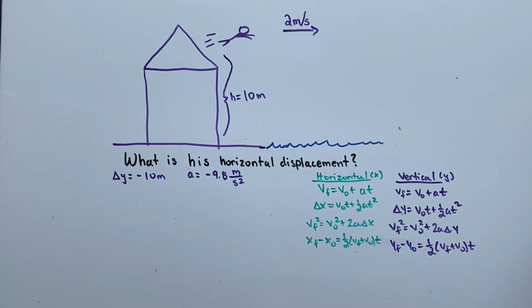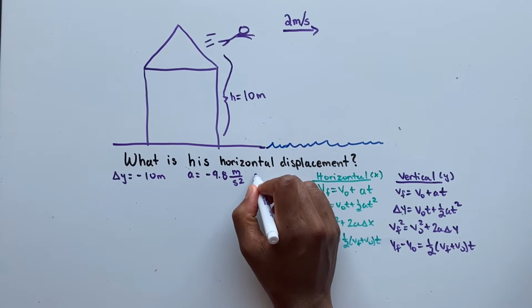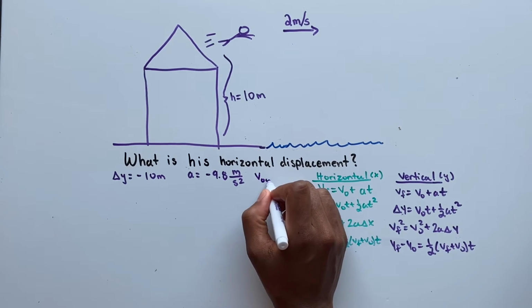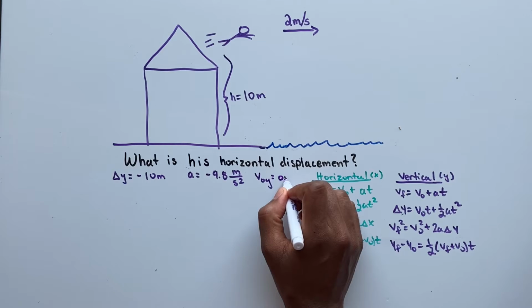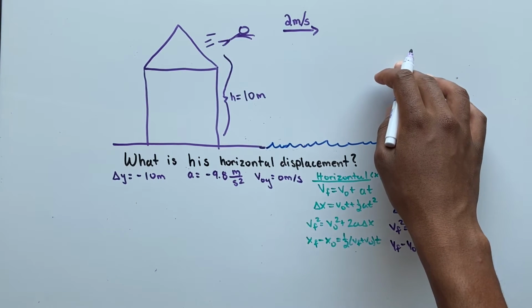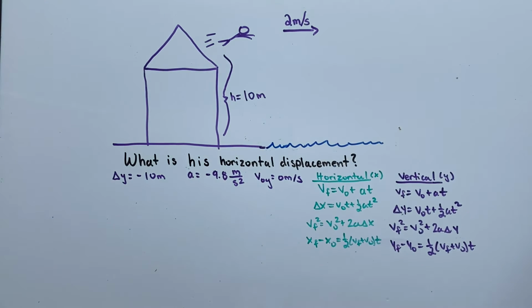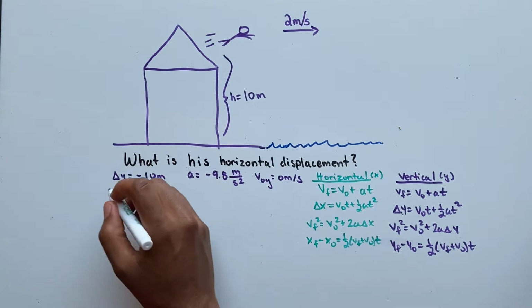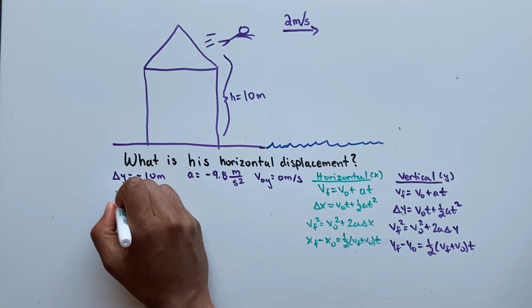And we also know that our initial velocity in the vertical direction is 0 meters per second, since the guy is only traveling in the horizontal direction. Or in other words, the guy only has a horizontal velocity. And we know that our horizontal velocity is a positive 2 meters per second.